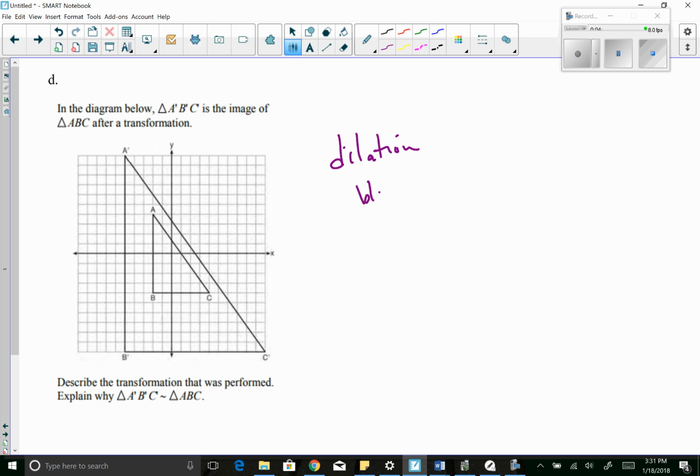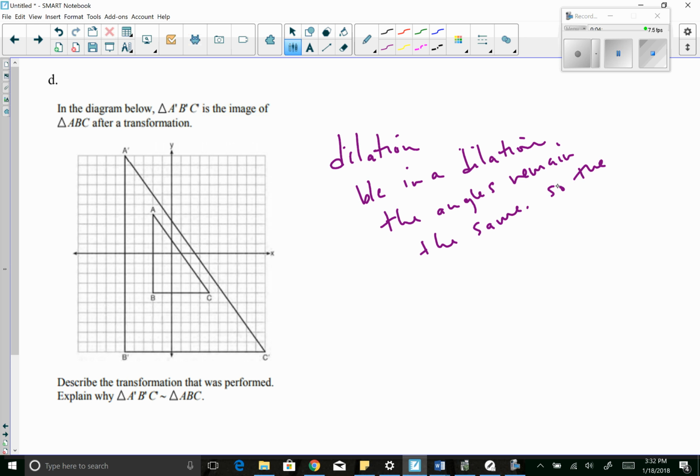I can say because in a dilation, the angles remain the same. So the triangles, it's a weird looking triangle, have three congruent angles. Angle, angle, congruence.